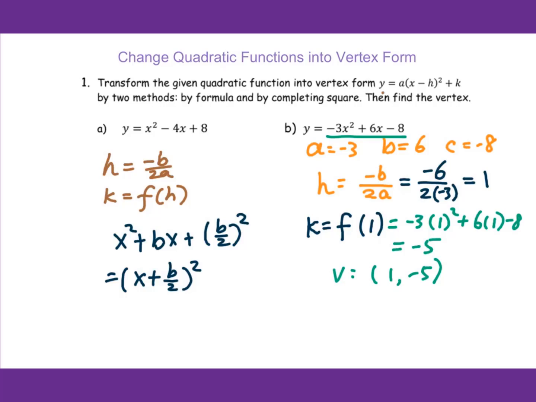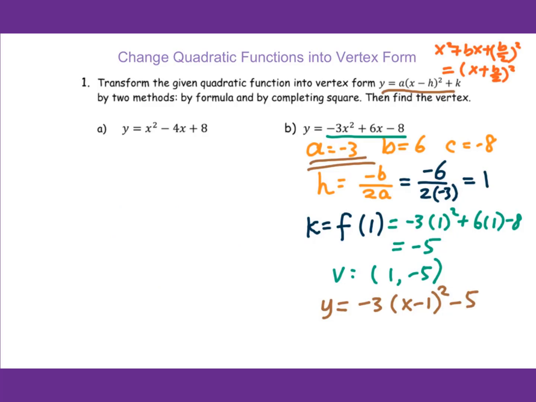Then we plug in here to get the vertex form. y equals a, that's negative 3. So we got negative 3 times (x minus 1) squared minus 5. For completing the square, I write down the formula over here.